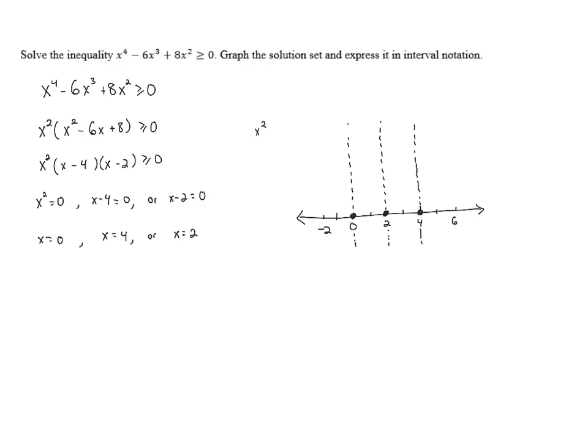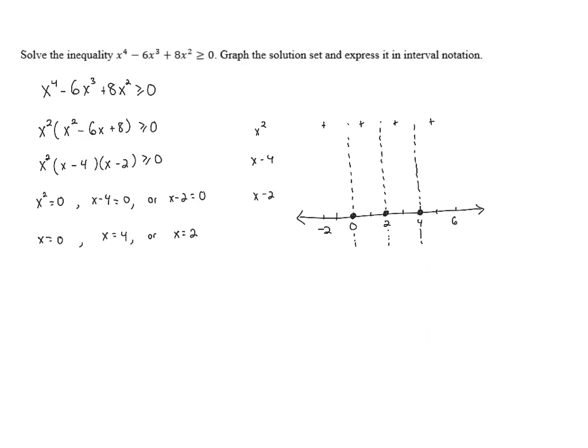We've got x squared, we've got x minus 4, and x minus 2. x squared is always positive, except of course when it's 0. But we don't care, we're just looking at these other intervals. It's never negative, so we're going to have positive for all of those.